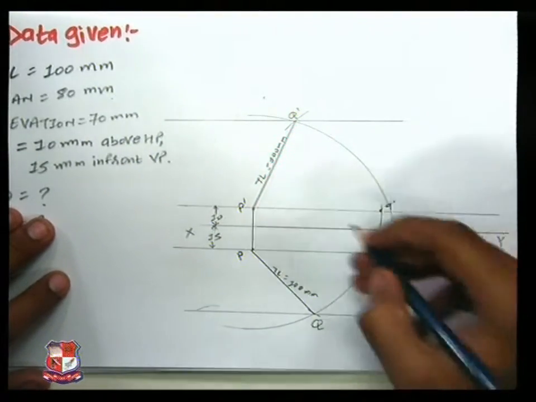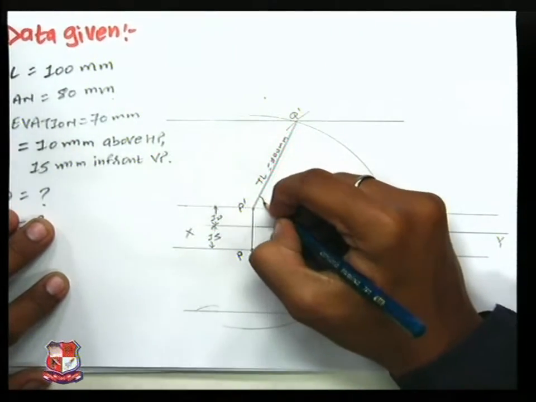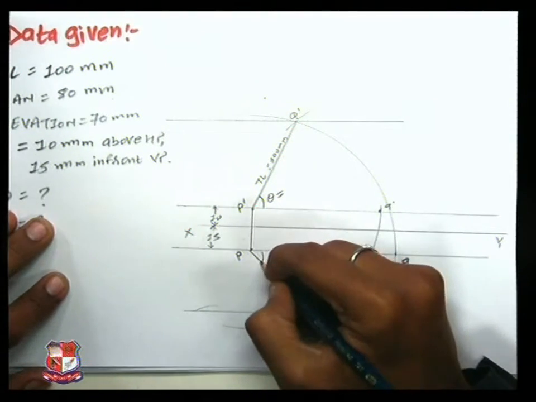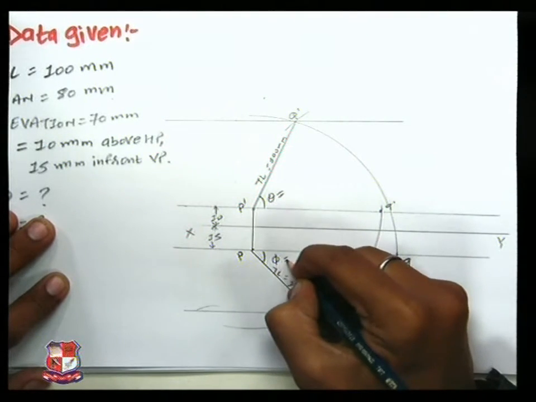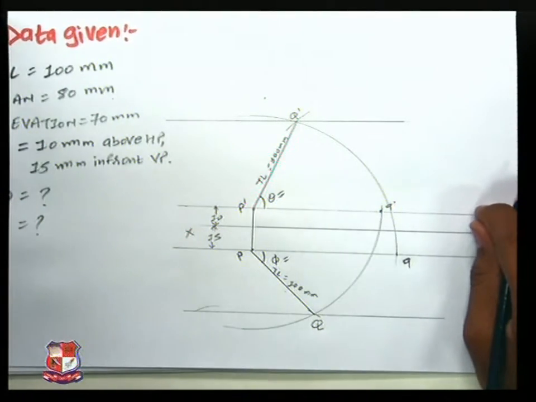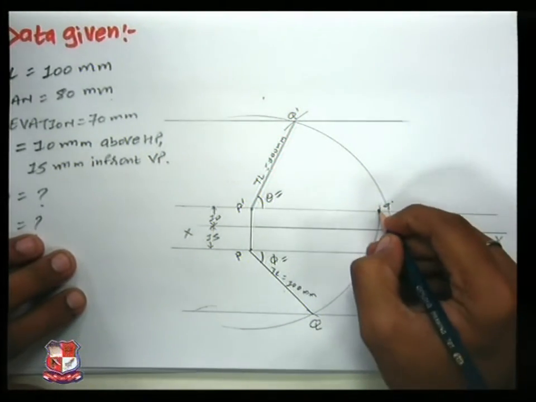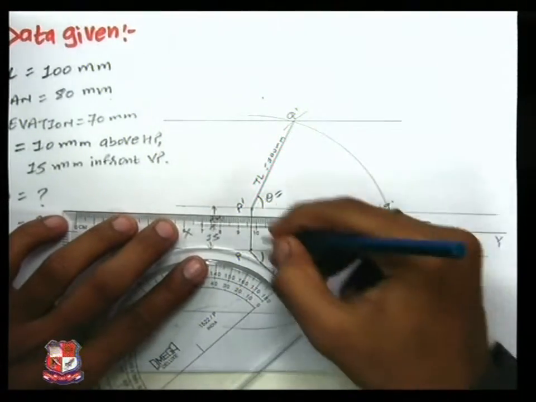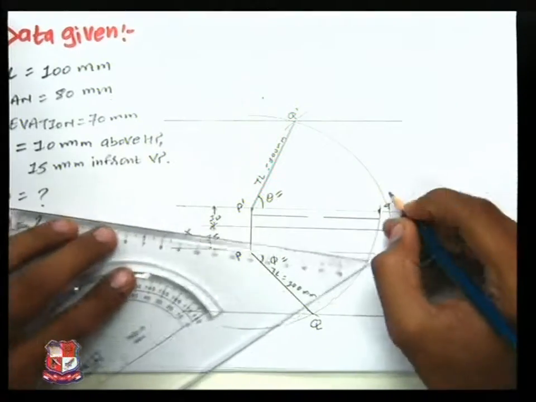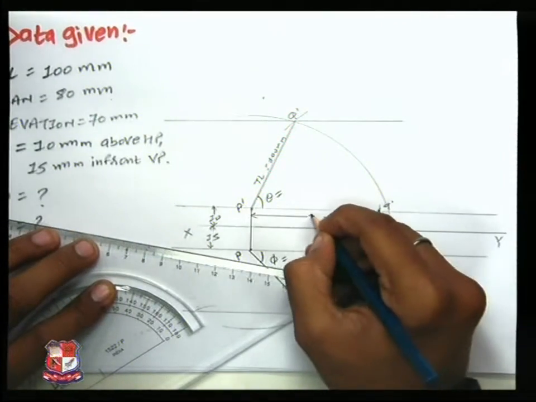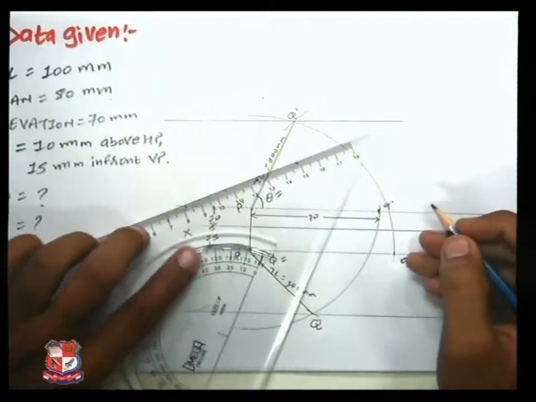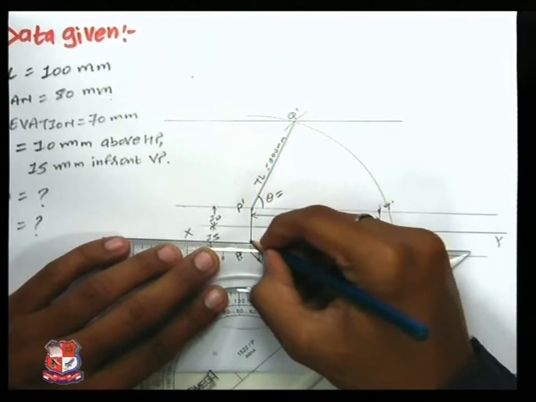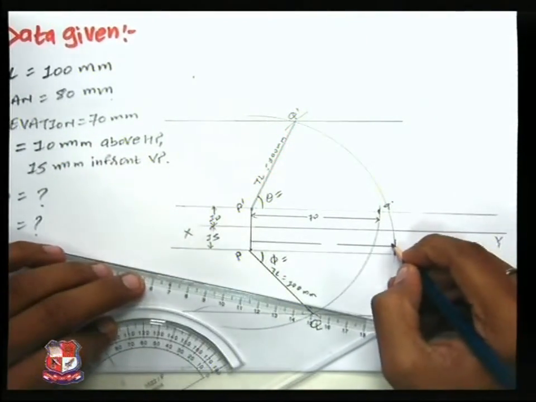Now when we measure this angle, it's called theta, the angle with HP. This angle phi is the angle with VP. The plan length is given as 70 mm, and this length is given as 80 mm.